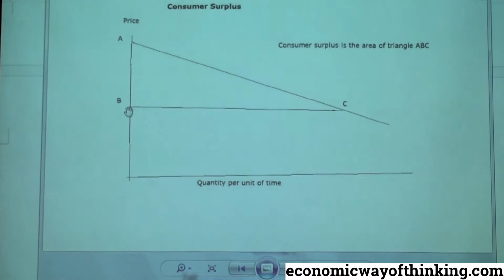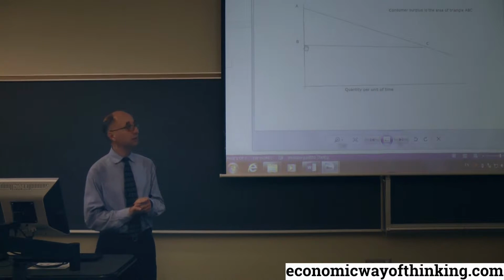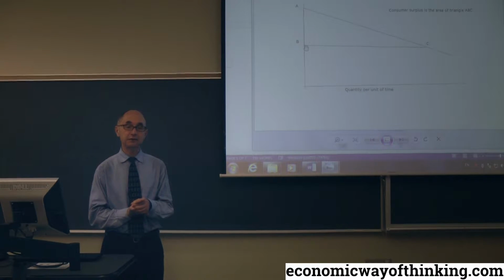So assume we are at point B. This is the demand for the chocolate bars, and say assume the price is 60 cents. You remember you were buying 3 chocolate bars. But you are paying 60 cents for 3 chocolate bars, although you were willing to give up $1.20 for the first bar and 90 cents for the second bar.